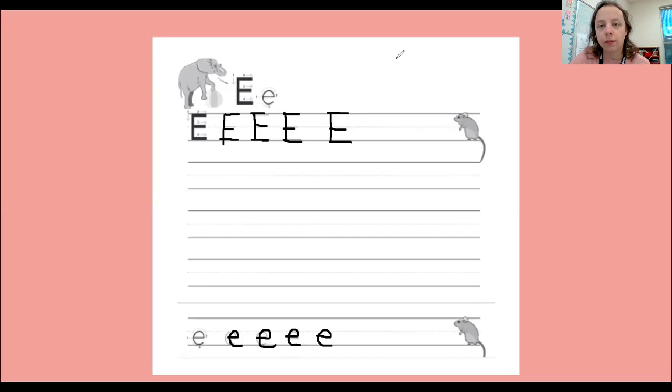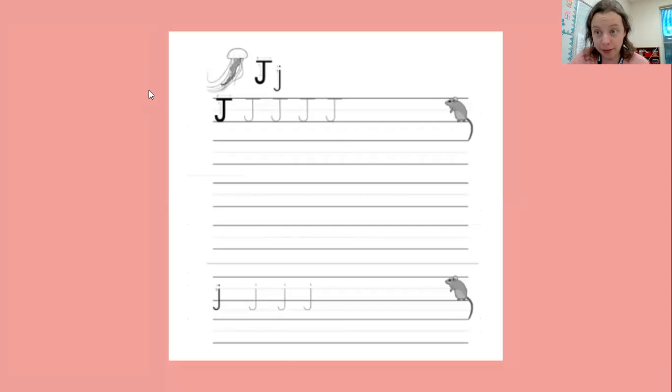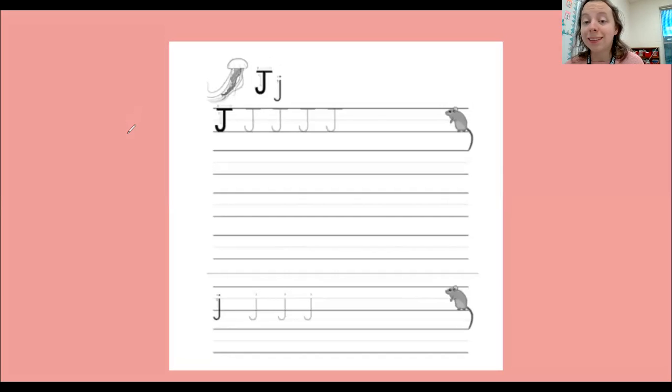All right, on to the next. J as in jellyfish. All right, an uppercase J is made up of straight lines and curved lines. All right, so first what you're going to do is you'll start up at the top, at the ear line, at the headline, and you come straight down, curve.